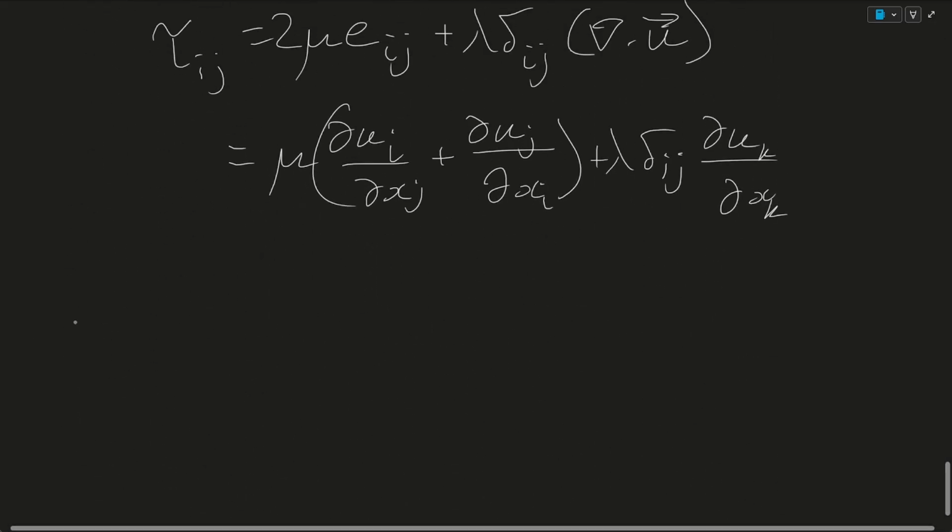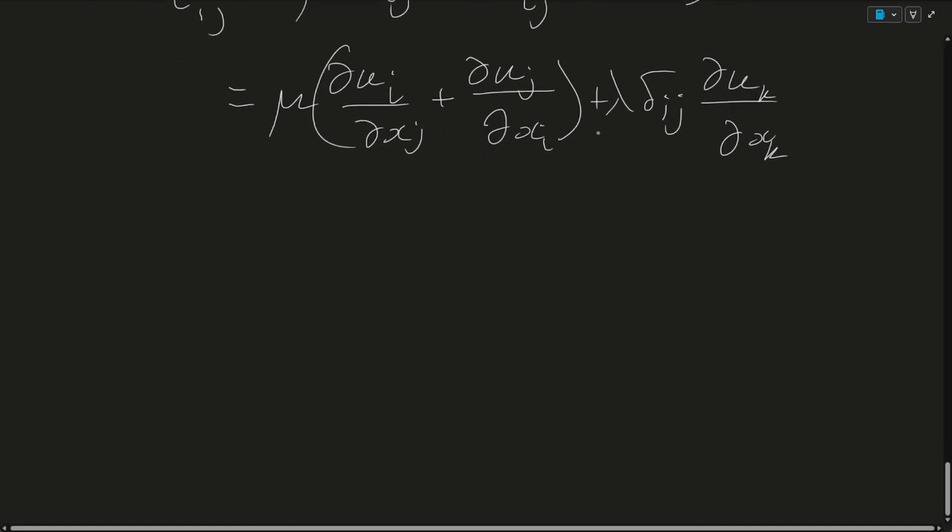Sorry. The next thing we need to do is find the divergence of the tensor for the momentum equation. So in index notation, the ith component is the jth partial derivative with respect to x sub j of sigma ij.